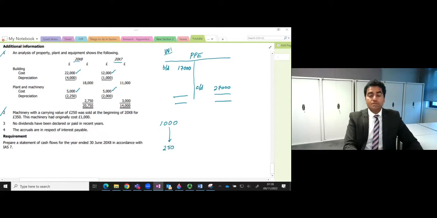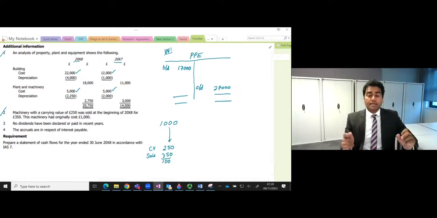It was reduced to £250, and then it was sold, disposed of for £350. So you can see there is a gain appearing in the books, which is actually a notional gain. It's not a real gain, because we reduced the value of the asset after deducting the depreciation and dropped it down to 250, and then when we sold it for 350, it looks like we have made a profit.